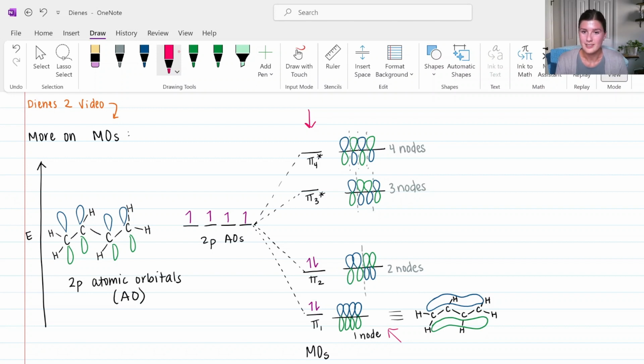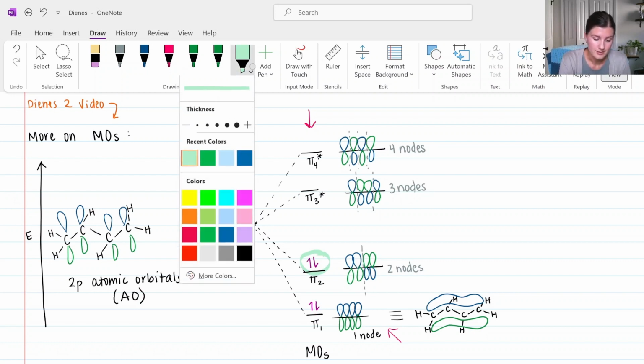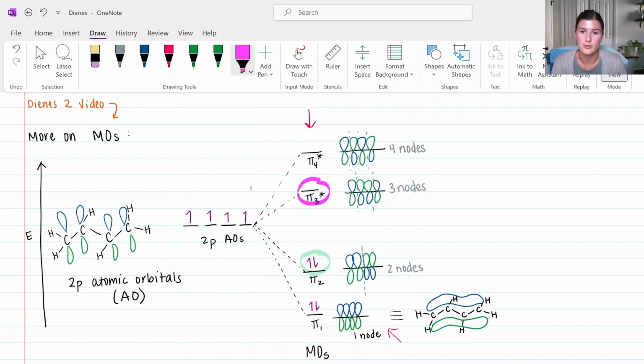This also tells us that if this molecule were to give up or donate electrons in a chemical reaction, it would donate electrons from this pi 2 molecular orbital. And if it were to accept any electrons, it would accept electrons into the pi 3 higher energy antibonding orbital. So again, helps us understand where electrons are located in the molecule.